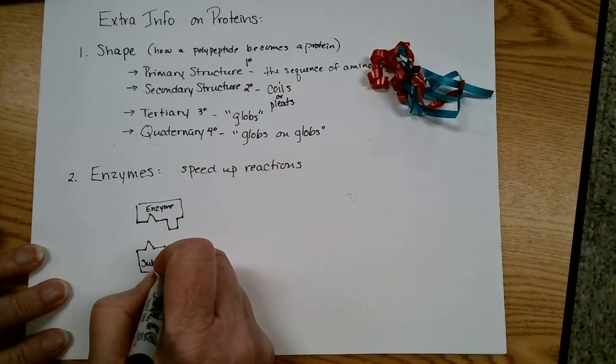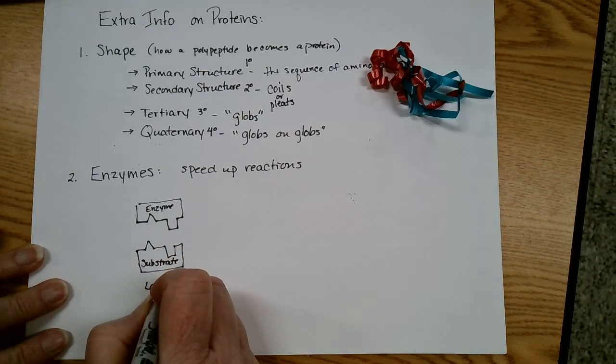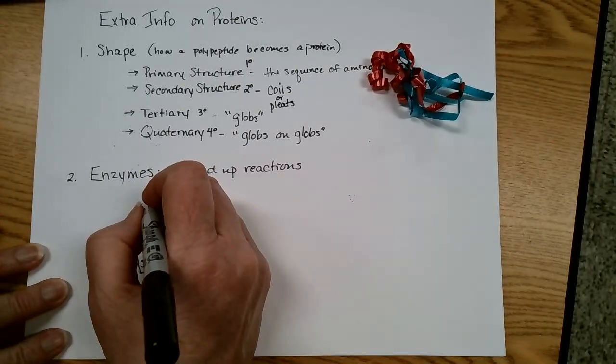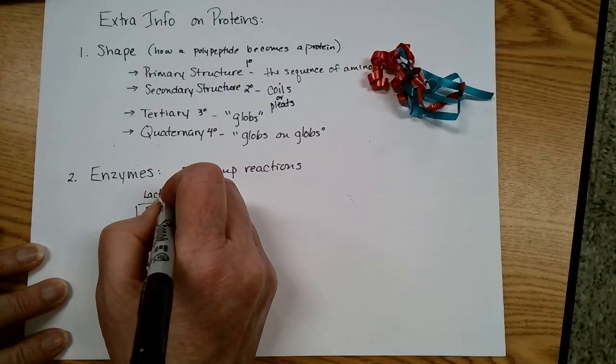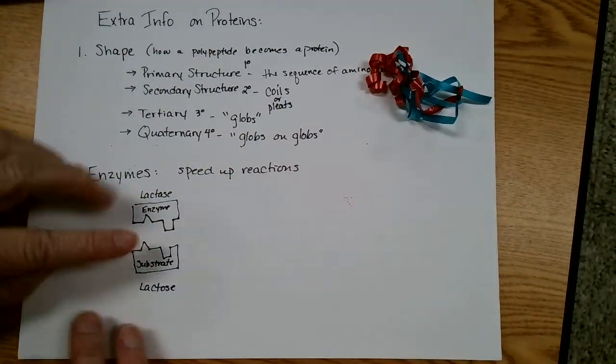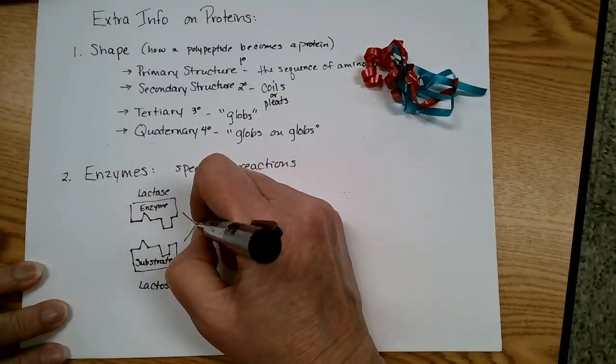The substrate. And this substrate could be, say, lactose. And if you have the enzyme lactase, enzymes always end in ase, by the way, then it will fit in with lactose, just like this.